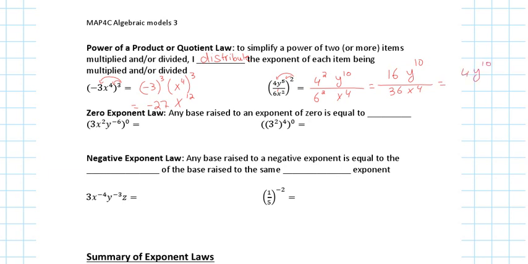What's 36 divided by 4? 9. Can I simplify any further? No. Okay, so I'm dividing both the 16 and the 36 by 4 because that's my common factor.